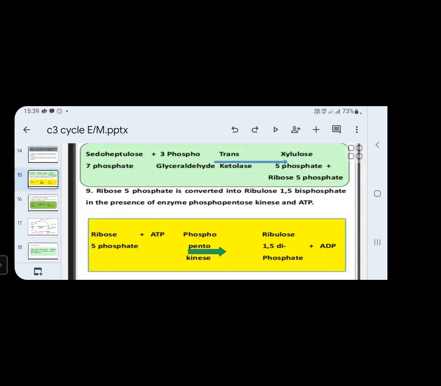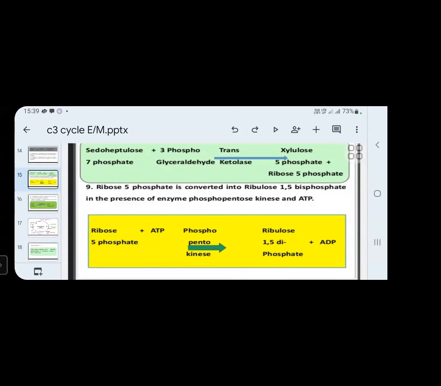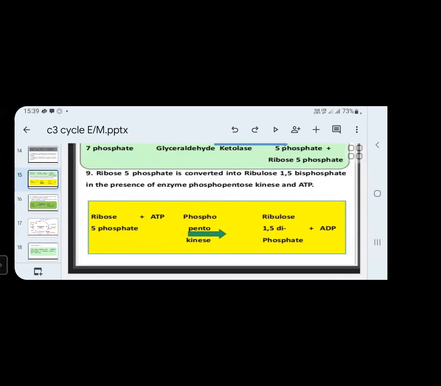So this is almost the end product, ribulose 5-phosphate, which combines with and utilizes ATP energy. In the presence of the phosphopentokinase enzyme it forms ribulose 1,5 diphosphate.